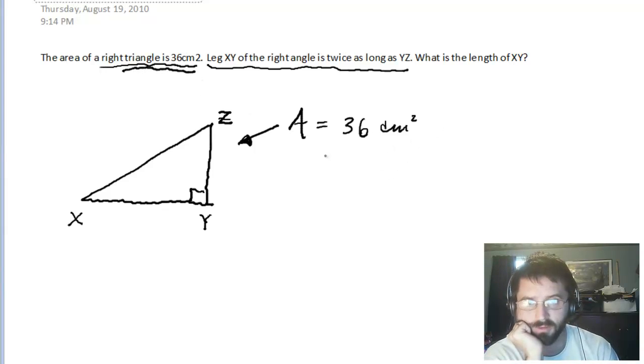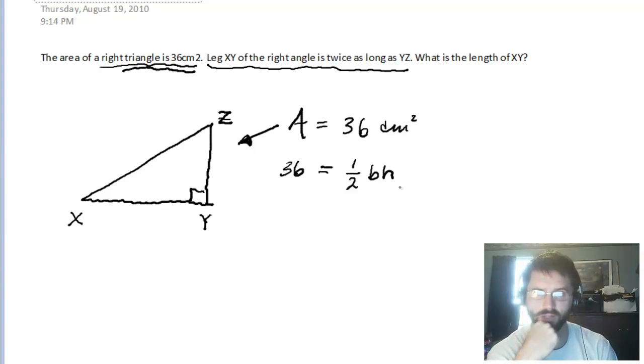The area of any triangle is always 1/2 the base times the height. On this triangle, my base is XY, my height is YZ.